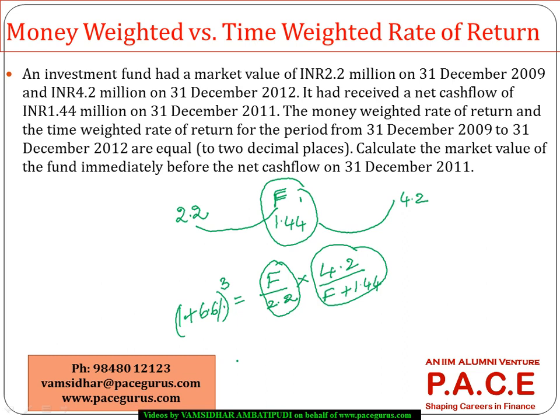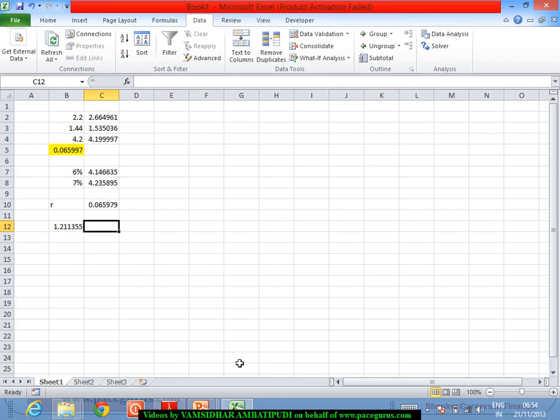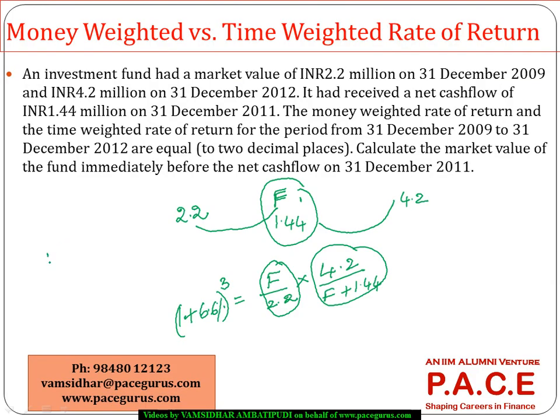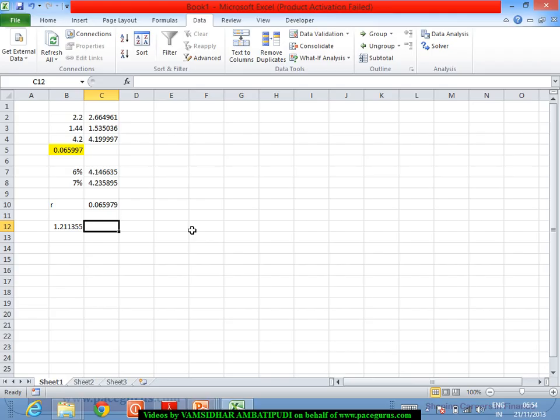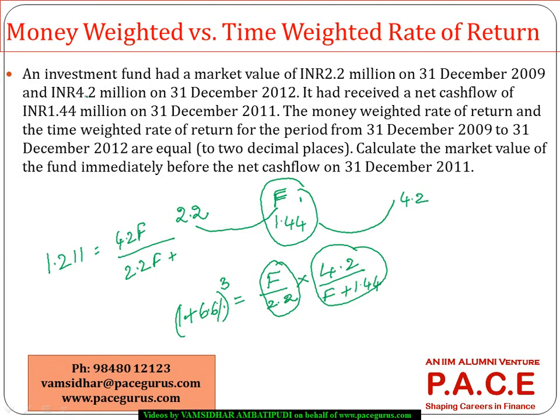So probably doing a simple arithmetic here. 1.211 is equal to 4.2 F divided by 2.2 F plus 2.2 into 1.44. If I find out what is 2.2 into 1.44, this is around 3.168.